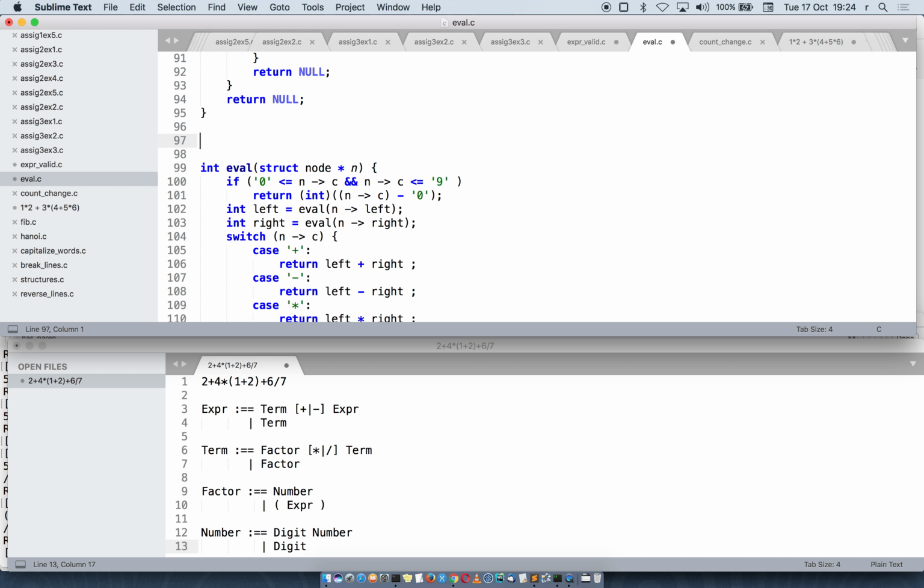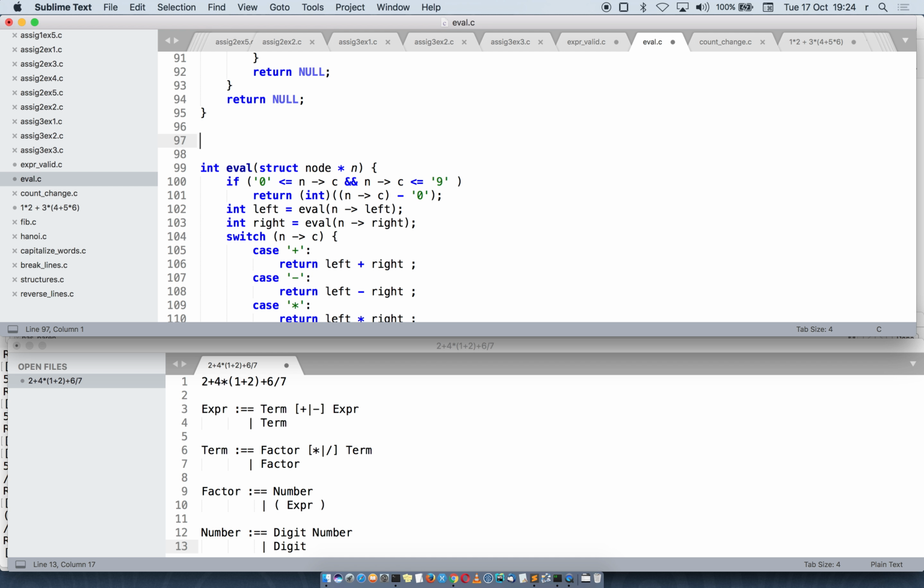Okay, and to group them together, it should be right above eval. So struct node star number. Okay, so if the current character is a digit, then we are sure to have a number. There may be more digits, but we at least have one number, right? So if that doesn't happen, we can return null.